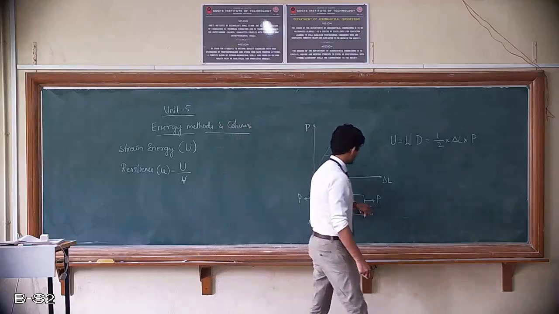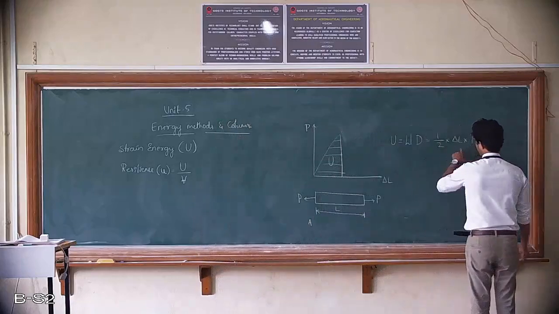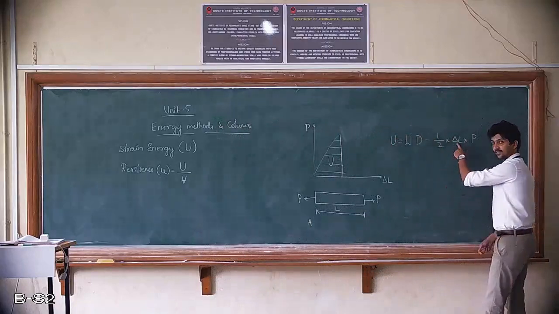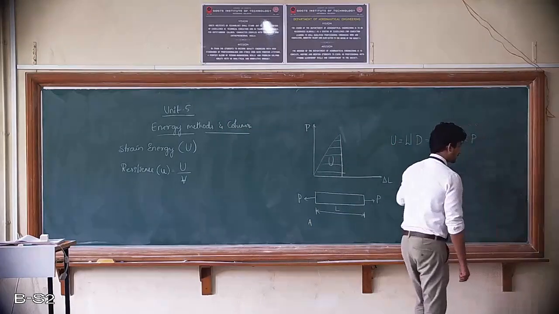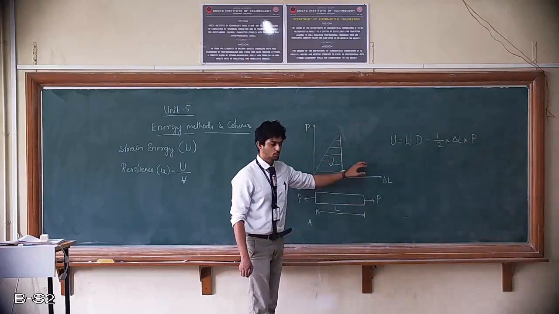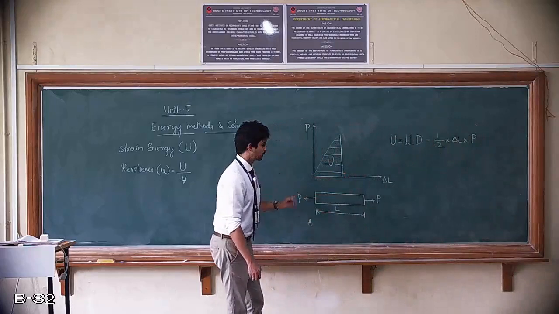When there is a change in length, this equation holds good because we are defining the strain in terms of length. So this is going to be strain energy due to axial loading.